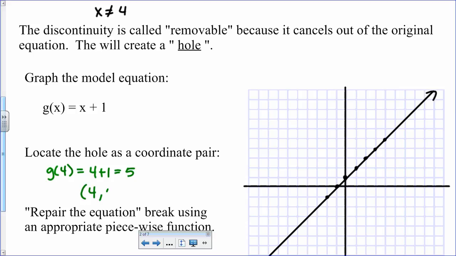The hole location is at 4, 5. So you got to go where x is 4, then you see it meets your line right here. Yes, you can look on your graph, but if it asks you to write it down, you got to write what that ordered pair is. So I have a hole there.